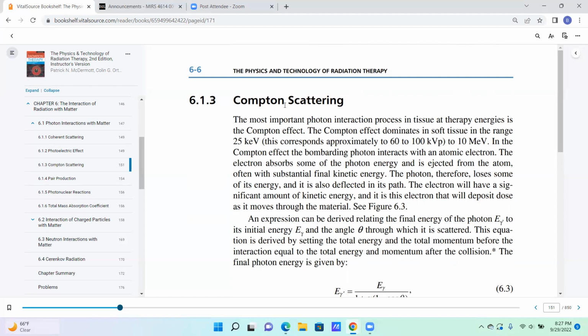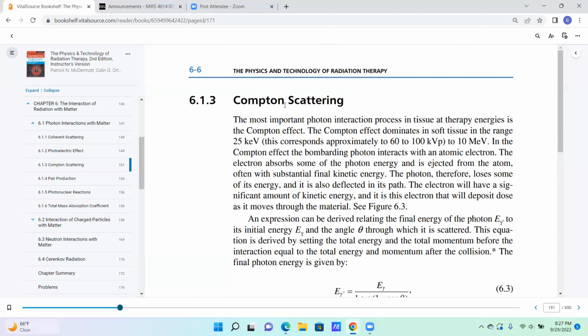In the Compton effect, the bombarding photon interacts with an atomic electron. The electron absorbs some of the energy. Now remember, in the photoelectric effect, it absorbed all of it. Well, not quite all of it, but there had to be enough there to overcome whatever the binding energy is.